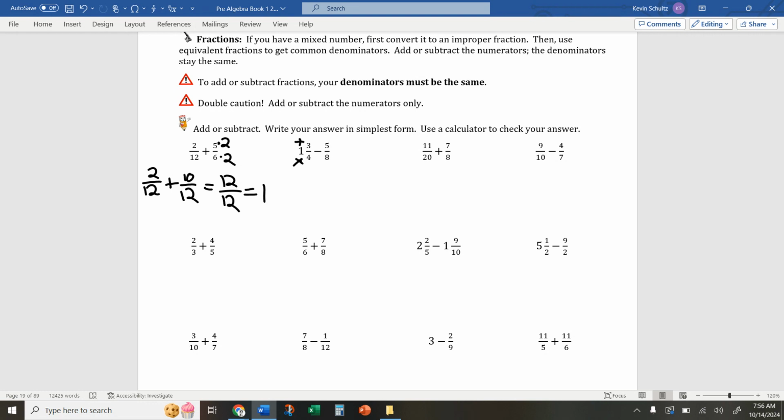The reason why that is how many fourths does one whole represent? How many fourths is one whole? 4, right? So if you have 1 and 3/4, that's like having 4/4 plus another 3/4, right?